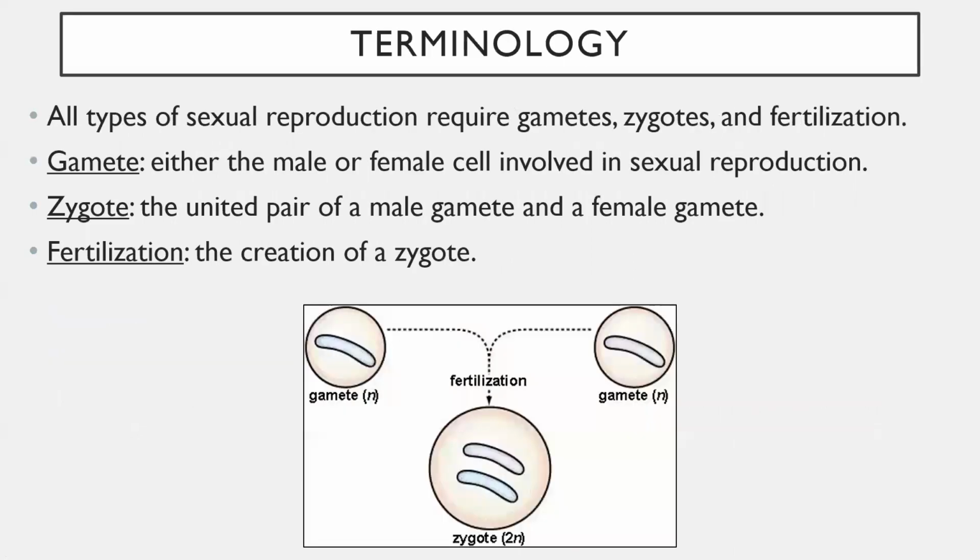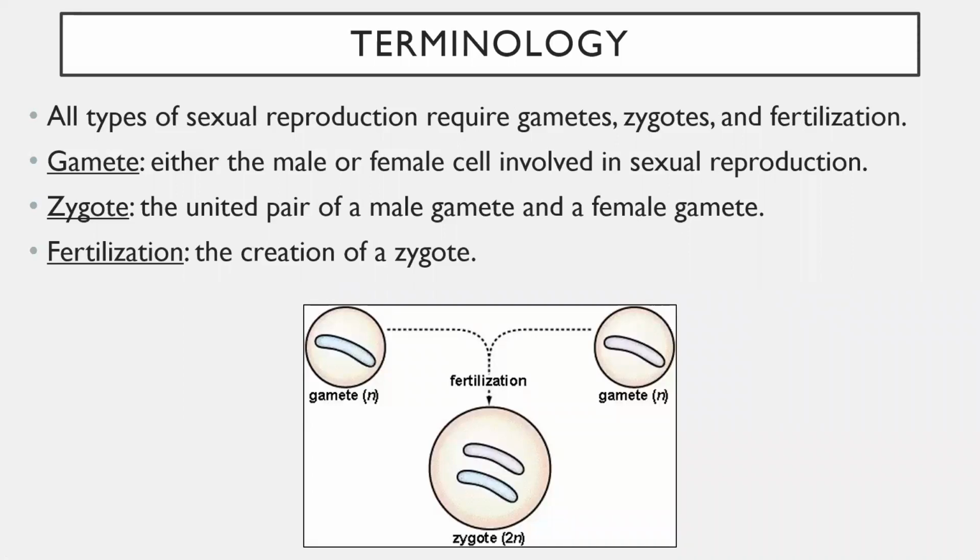Let's get started. So just before we begin, there's some terminology that you need to kind of wrap your head around. These terms are going to come around a lot today, so you will need to understand what they mean. All types of sexual reproduction require gametes, zygotes, and fertilization. So gametes are either the male or female cell involved in sexual reproduction. So it's just one or the other, right?